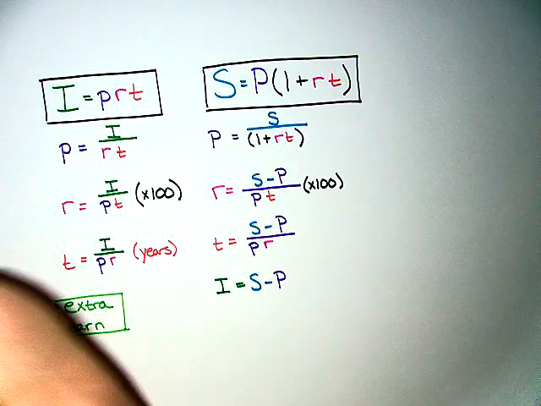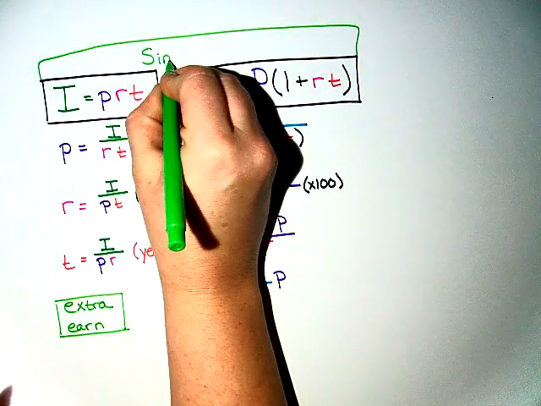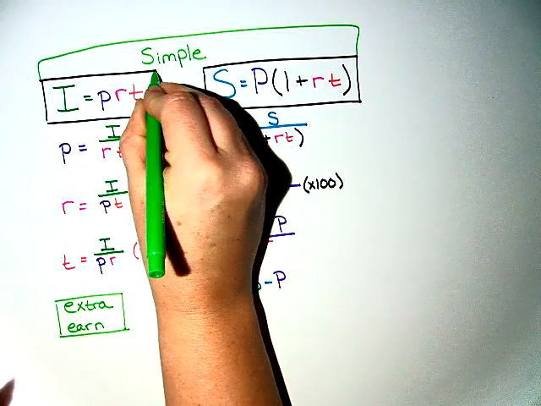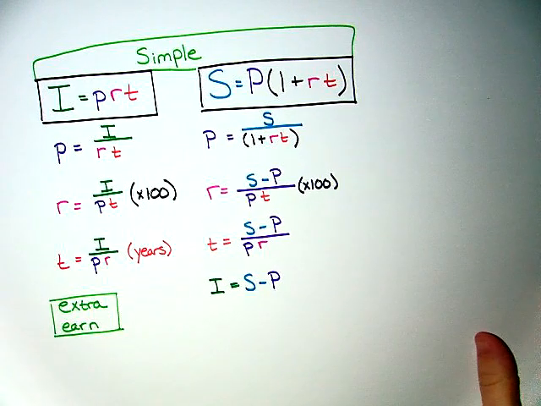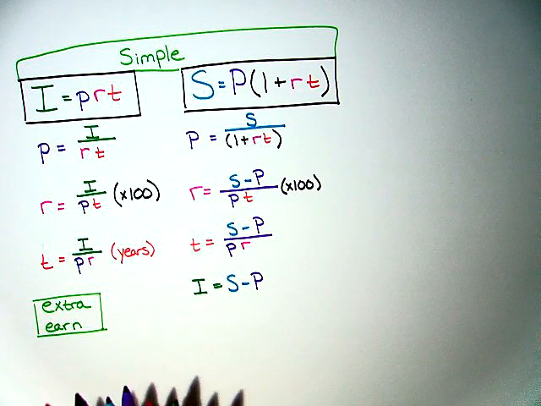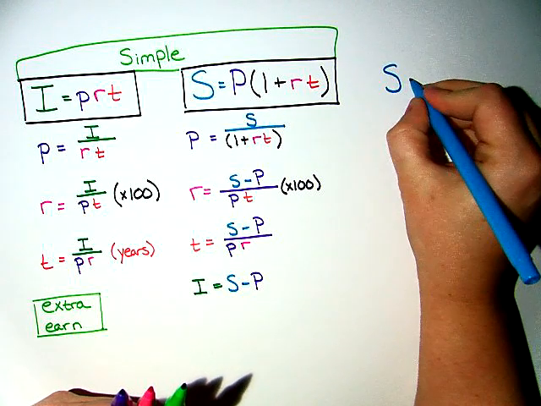Now, all of these are under simple interest. So this is not dealing with anything to do with compound. It's just dealing with simple. However, we also have compound to focus on. And now for compound, we're going to be doing things a little bit differently.